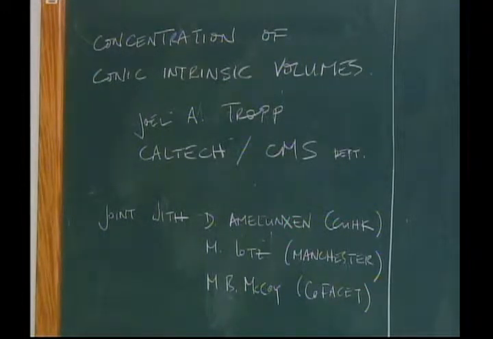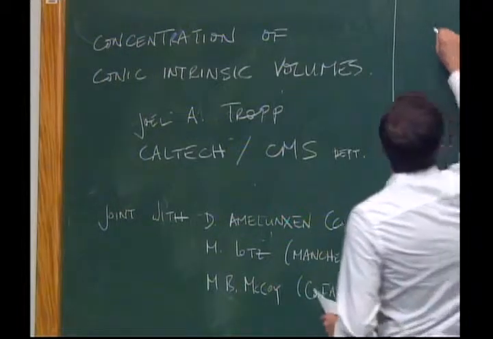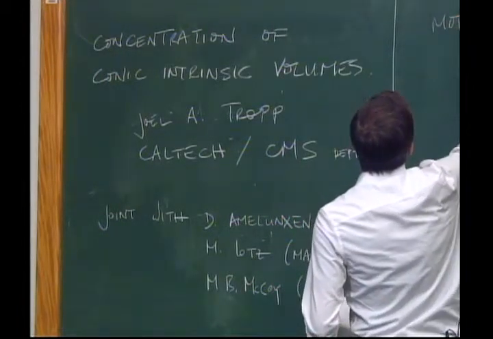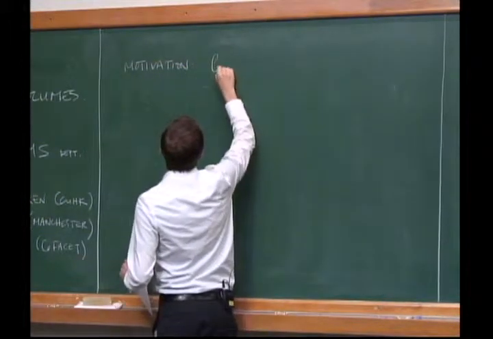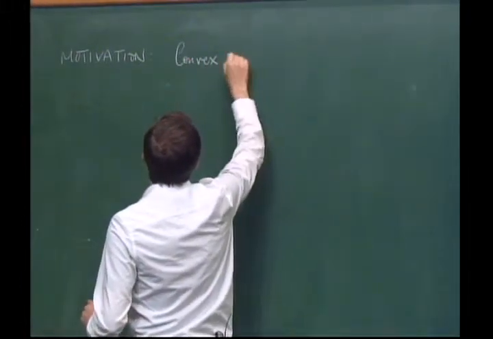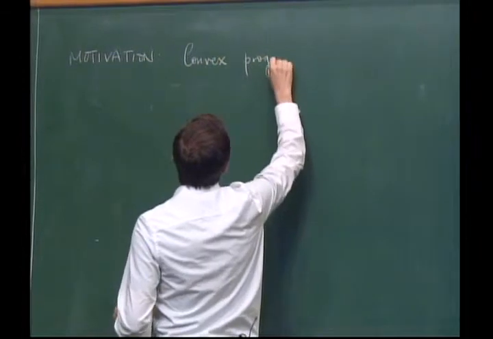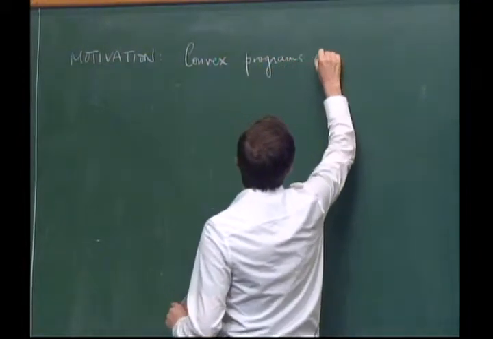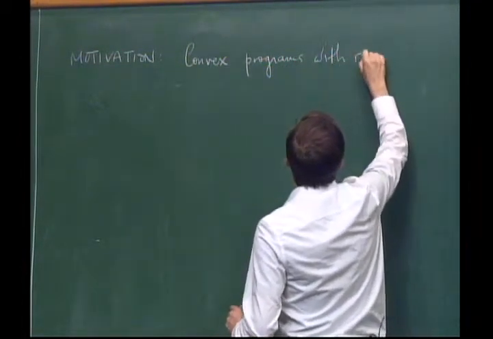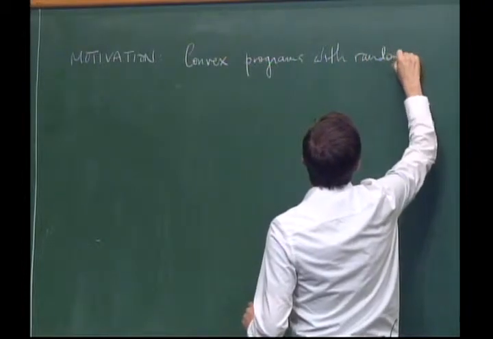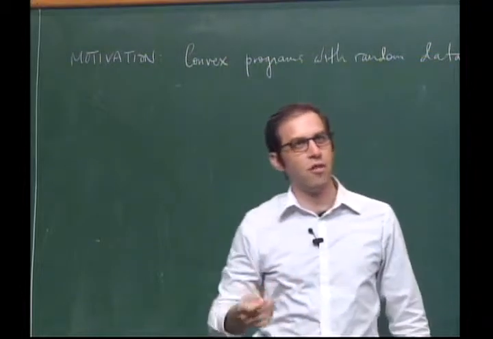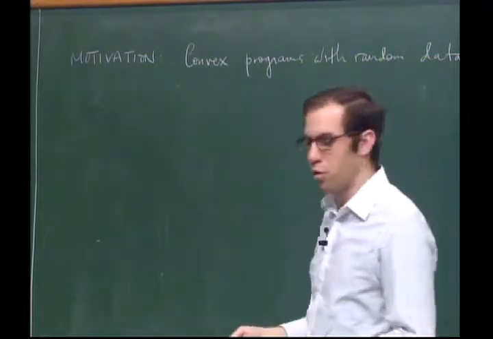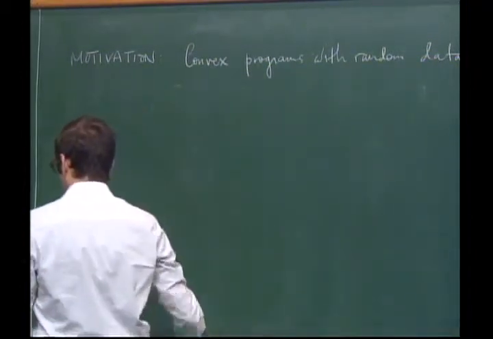So let me start out by motivating this in terms of the problem of understanding convex programs with random data. So I'm going to look at the simplest case, which nevertheless already covers a lot of the problems that we look at in various applications.